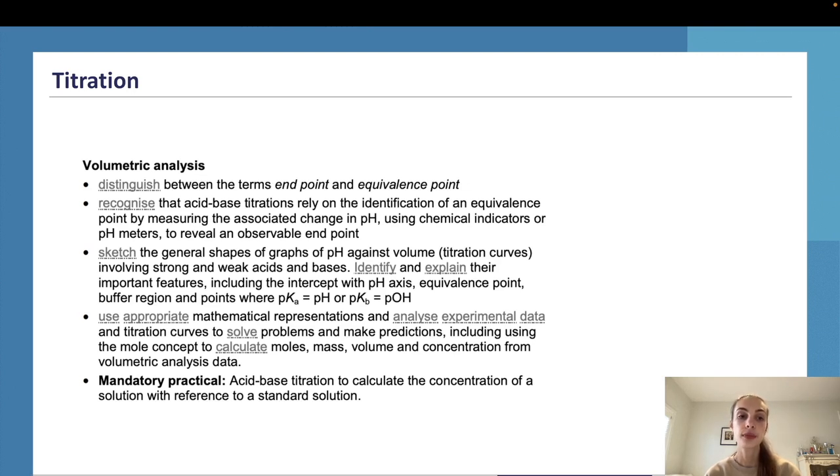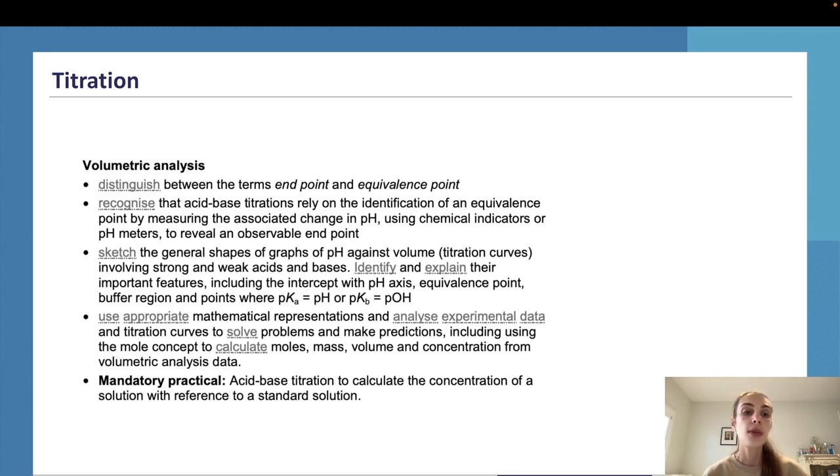In volumetric analysis, we first of all need to be able to distinguish between the terms endpoint and equivalence point, because these are two main factors which we need to compare and contrast in order to understand the pH of these points in our titration so that we can get accurate results.